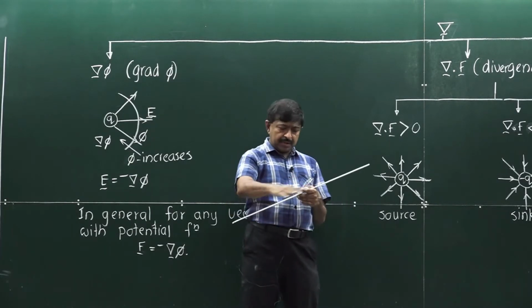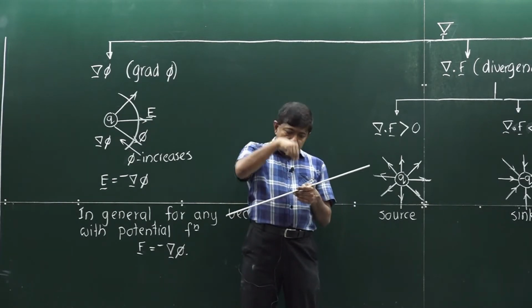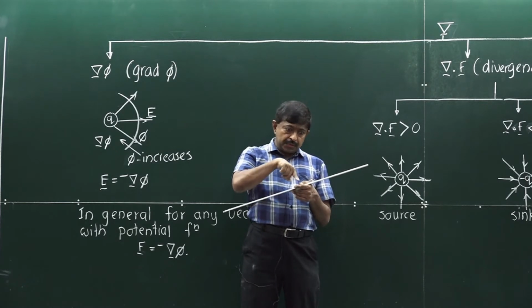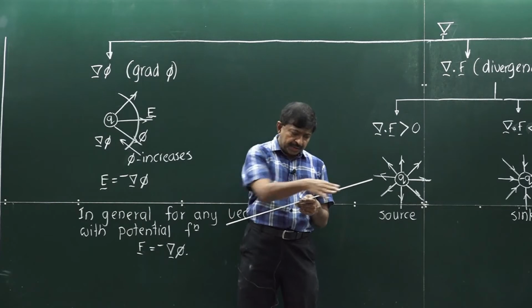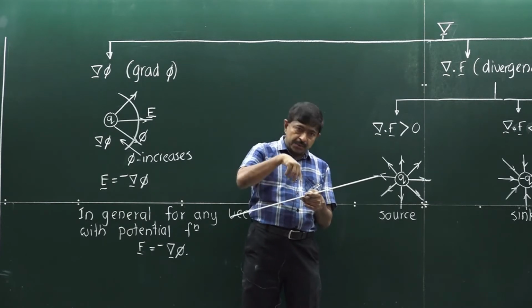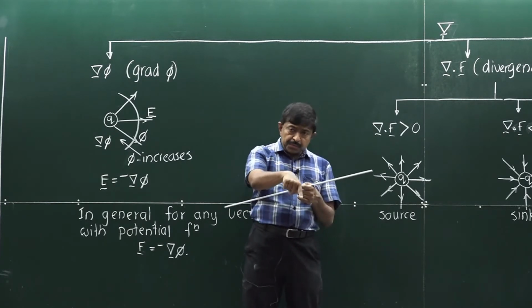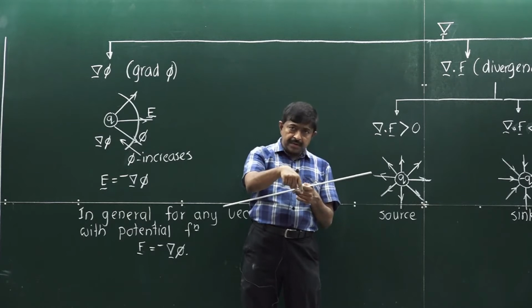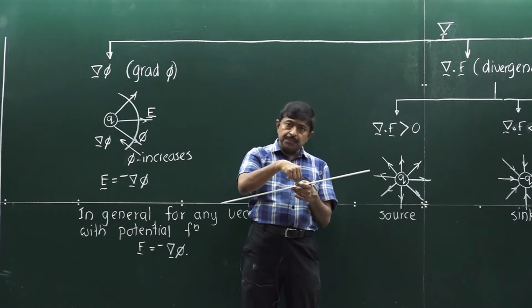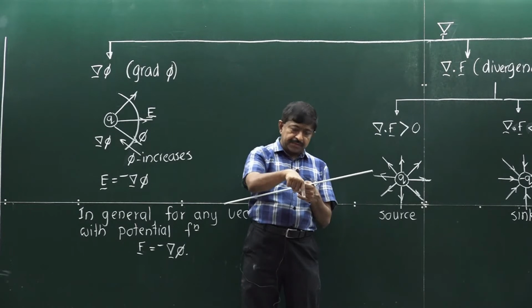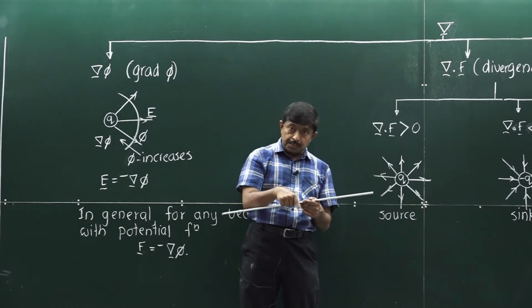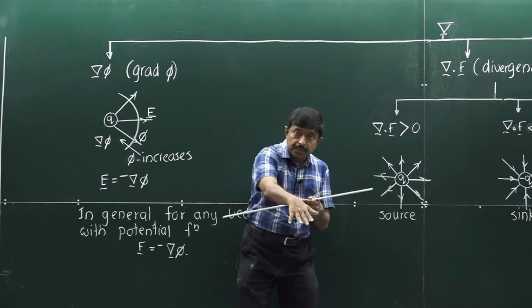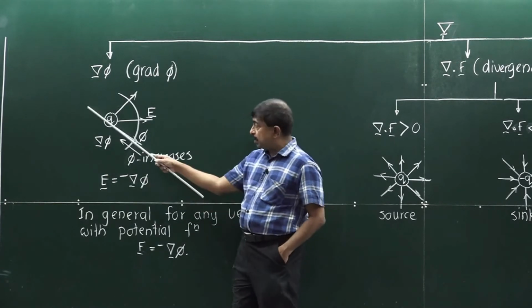If you take some surface and put some drops of water, the water always takes the direction of the maximum slope. There are so many slopes along which you can go down, but the maximum slope is the direction the water takes. That is the way of going down. This is the way of going up.